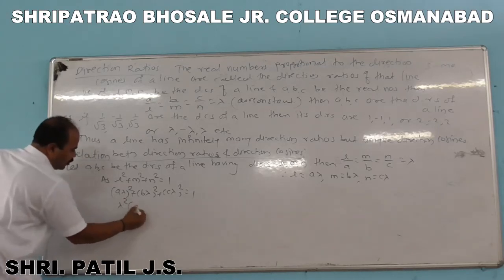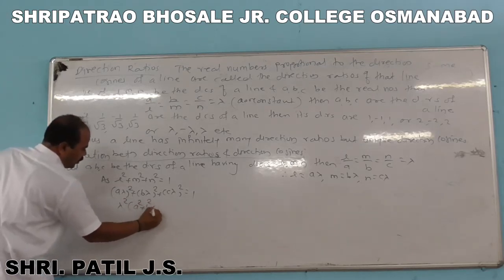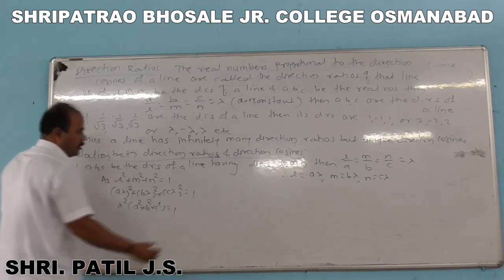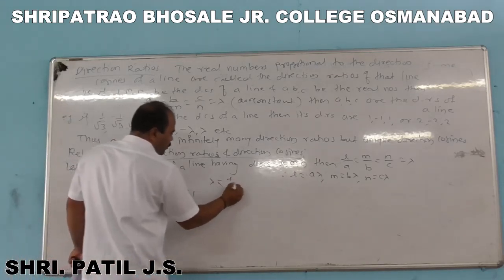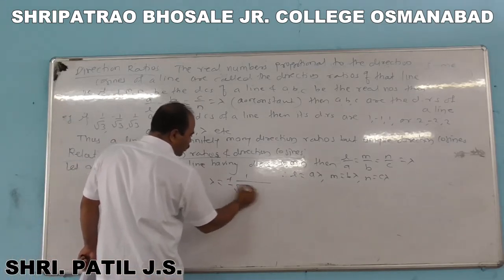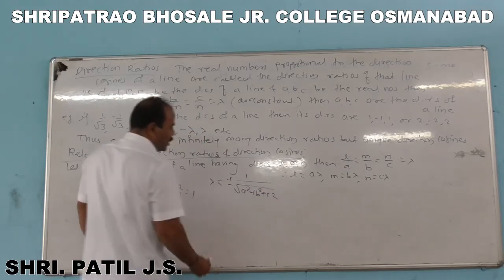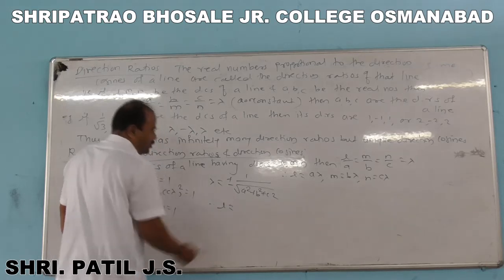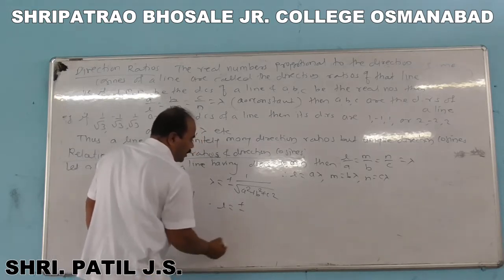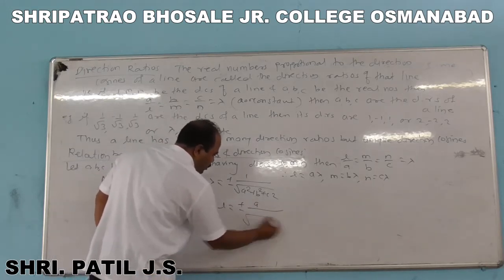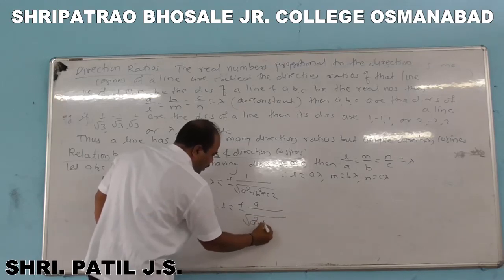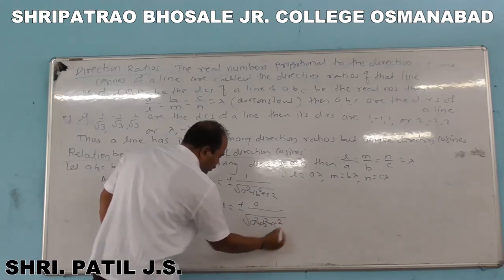Therefore, gamma square into (a square plus b square plus c square) is 1. Gamma is equal to plus or minus 1 divided by square root of a square plus b square plus c square. Therefore, l is equal to plus or minus a divided by square root of a square plus b square plus c square.